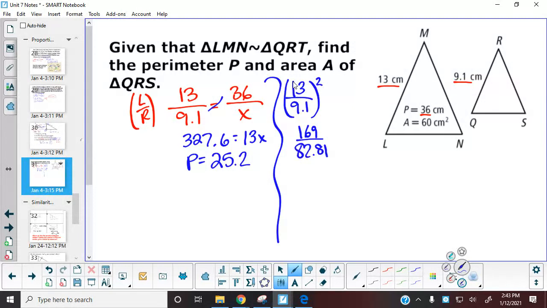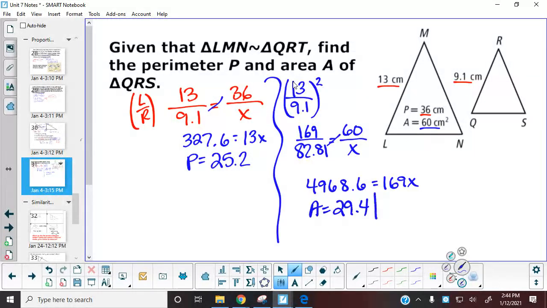Now we can go ahead and cross multiply. When we multiply that by 60, we get 4,968.6 equals 169x. Then divide each side by 169, and you get a value of 29.4 for your area.